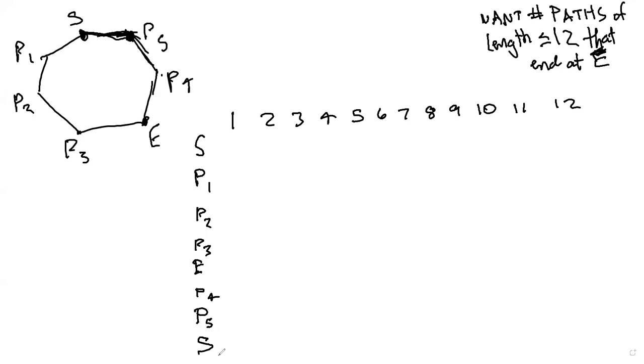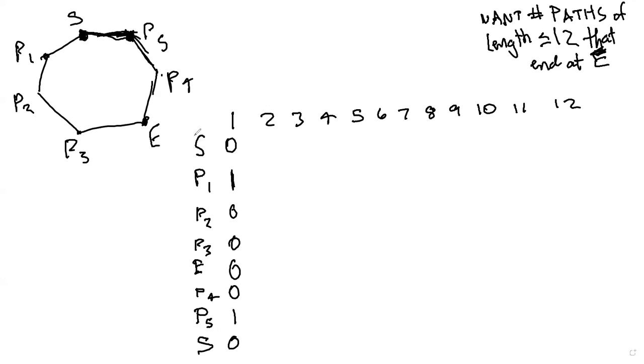Think of this as massive overkill. So let's say we start at S. After, there are two different possible paths, one that ends at P1 and one that ends at P5. No other place works.